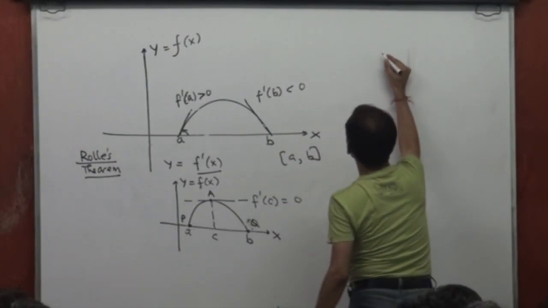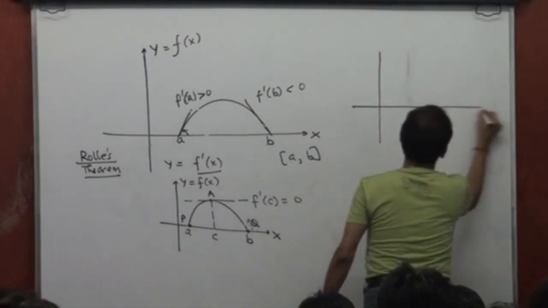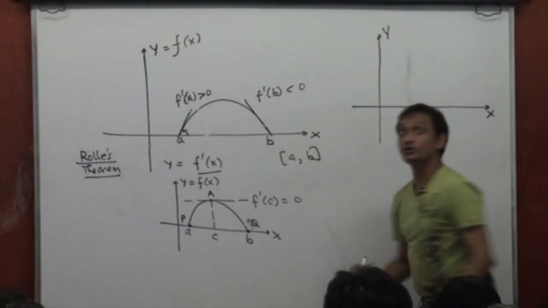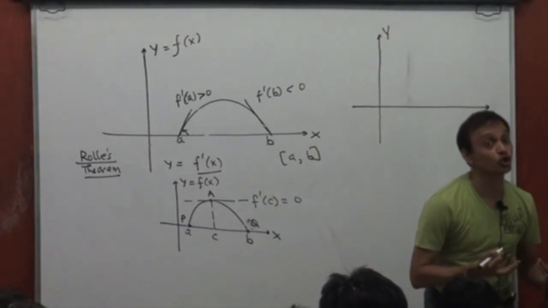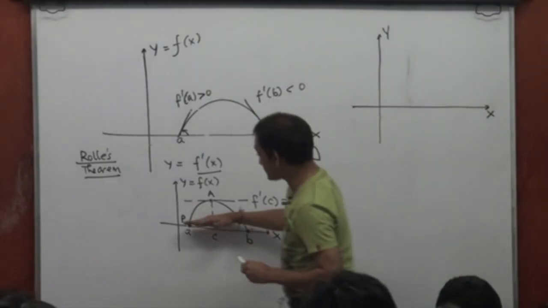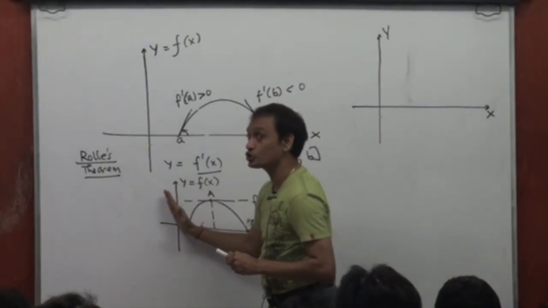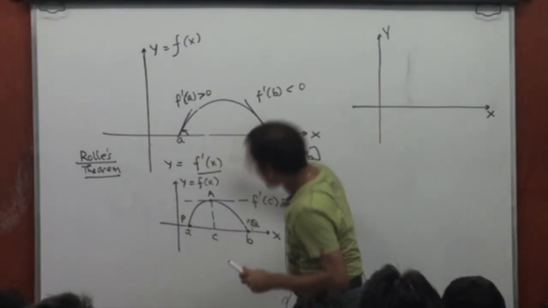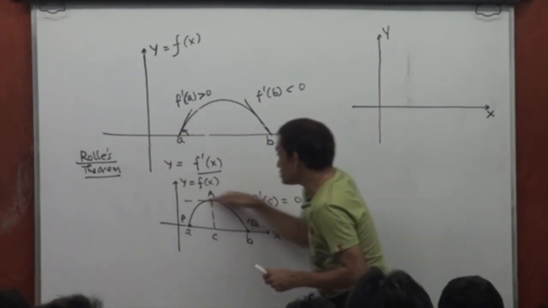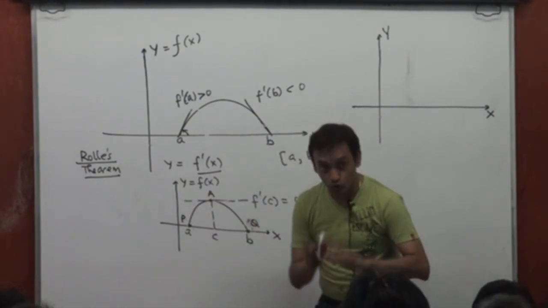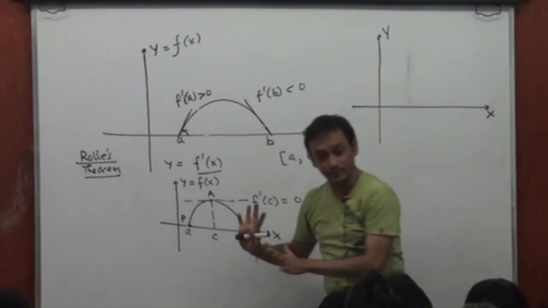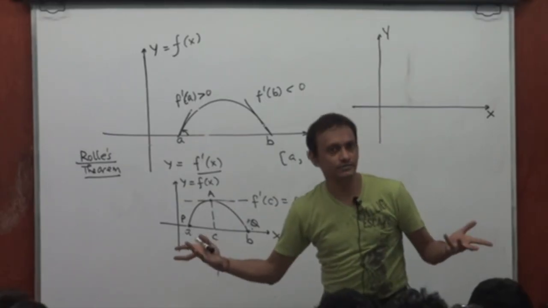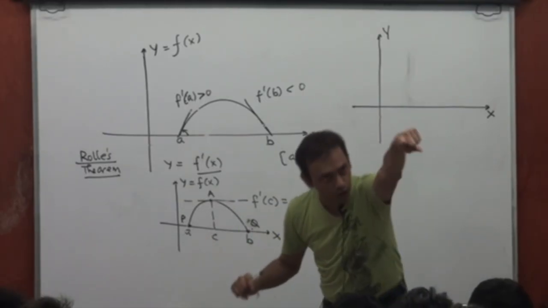One of the things is this physicality will remain undisturbed by the choice of coordinate axis, whether this is the x-axis and this is the y-axis, or the axis is moved up or down, shifted laterally. The fact that there is a point A for which the tangent becomes parallel to the line joining P and Q, that's the physicality involved in this description, right? That physical fact is frame independent. That's not going to get disturbed. You know what I'm saying?